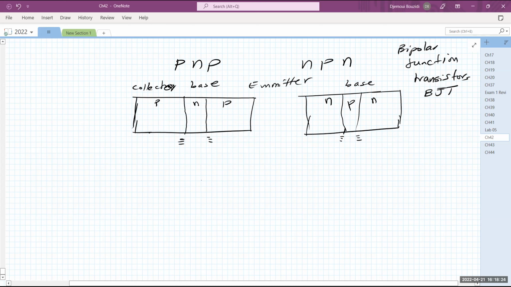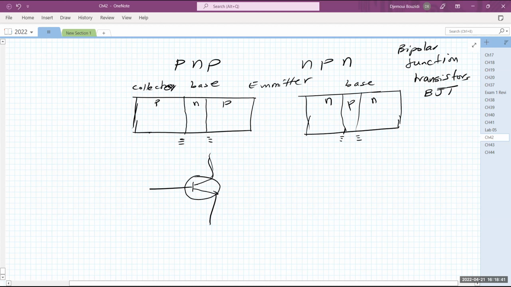So in this case, what do you have? This is how a transistor is represented in electronics, okay?